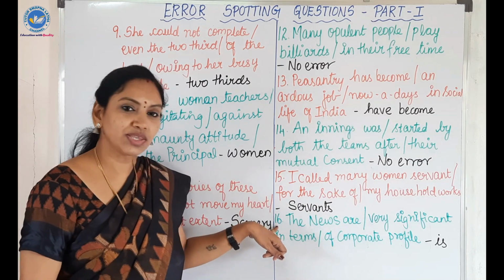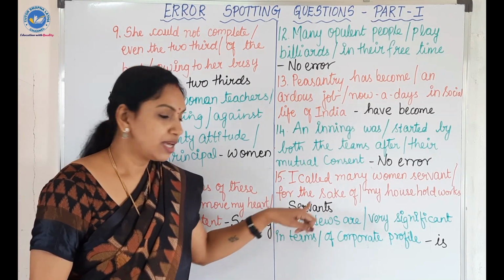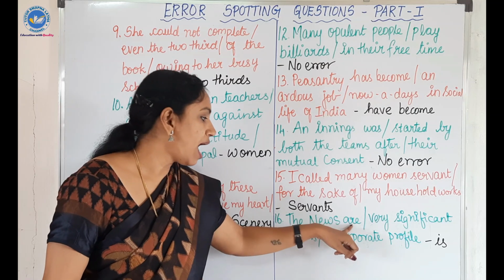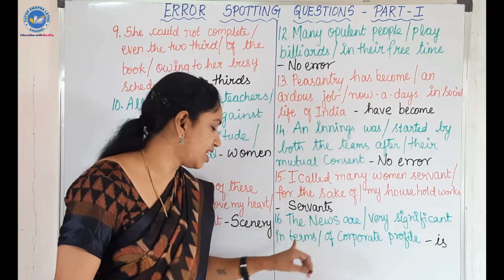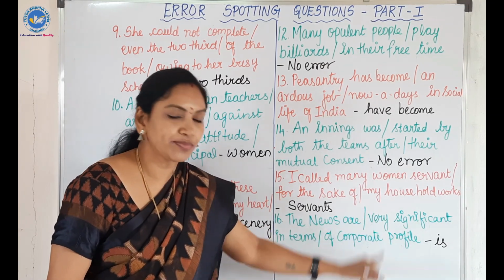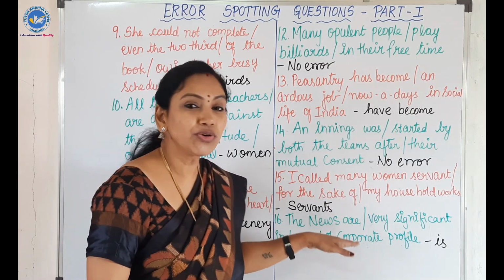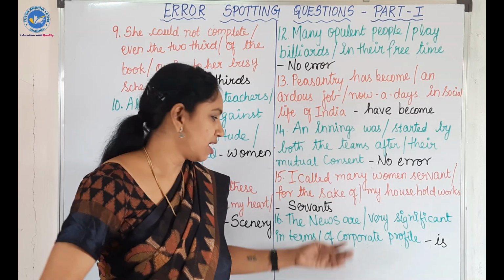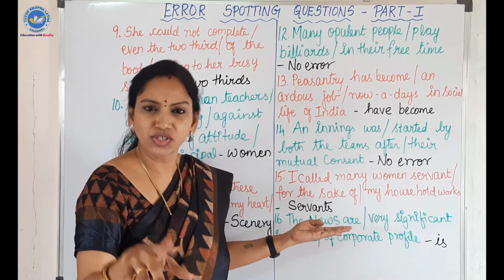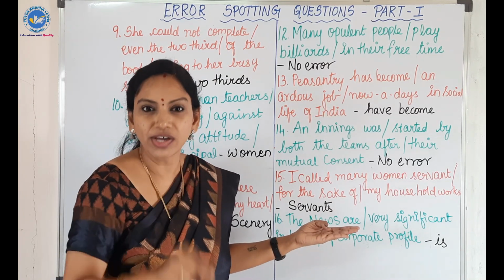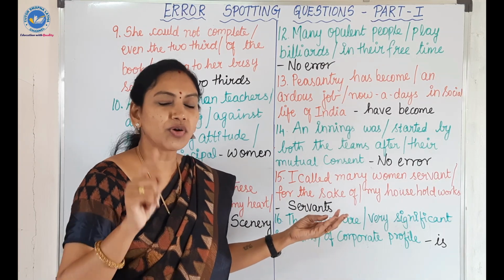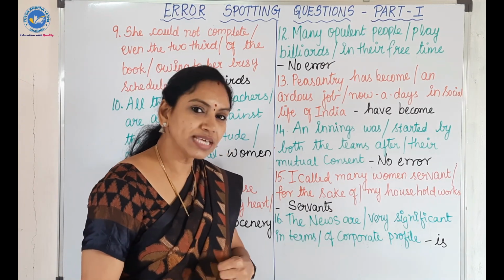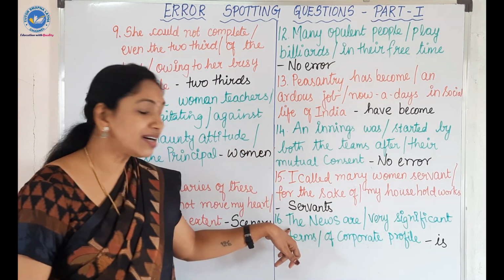Next, 16th one. The news are very significant in terms of corporate profile. The news. S is given. People wrongly presume that news, since S is given, is plural. News is singular only. So remove this "are" and write "is", because "the" is given.